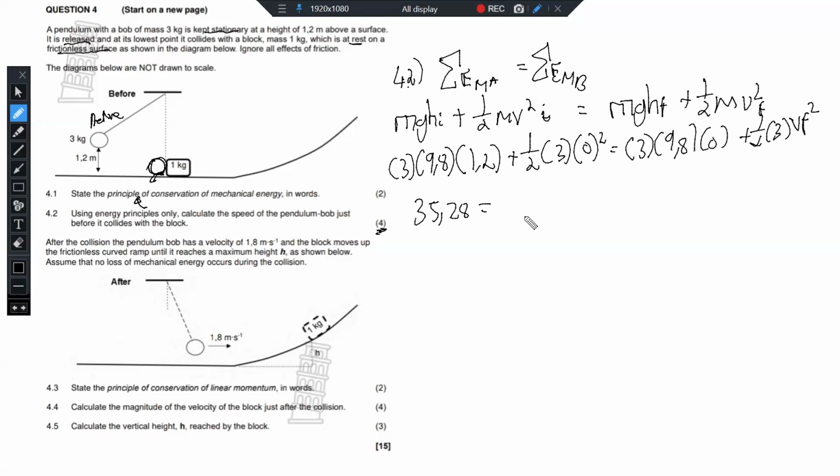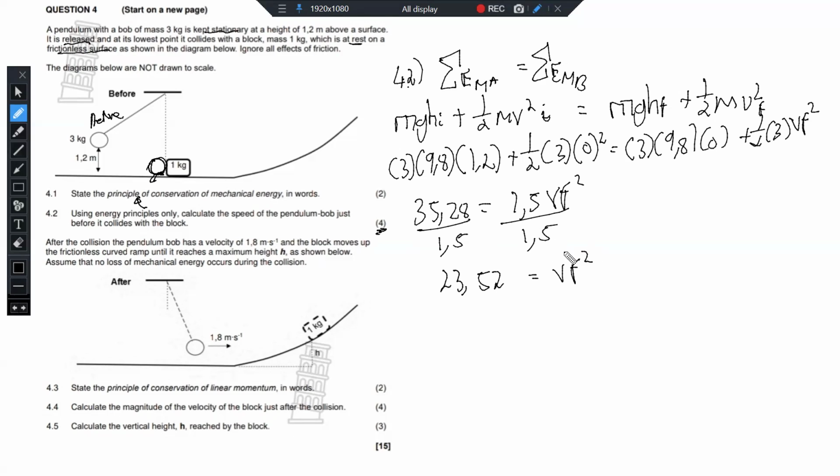And then here, this is half of, so this will be 0 right here. And then what is half of 3? It's 1.5 VF squared. Then if we divide both sides by 1.5, the answer that we got divided by 1.5 will give us 23.52, and then is equal to VF squared.